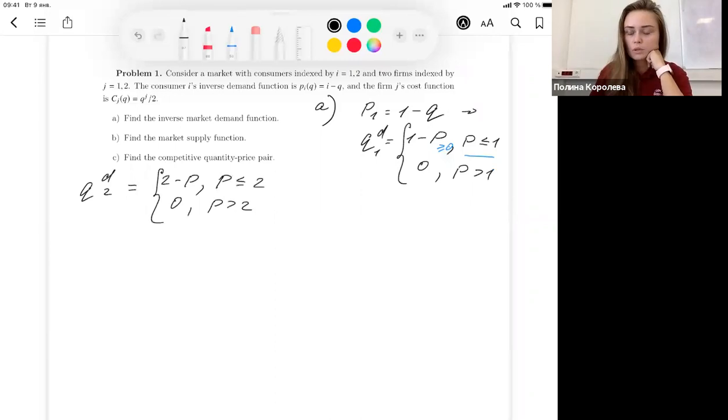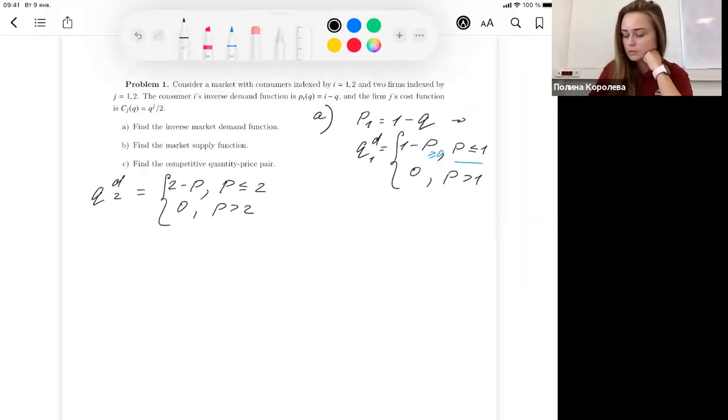So now we should find market demand function. How to find it? Market demand function, Q capital, yes, is a function of price. This is the sum of two demands, of demand of first consumer as a function of price plus the demand of second consumer as a function of price.